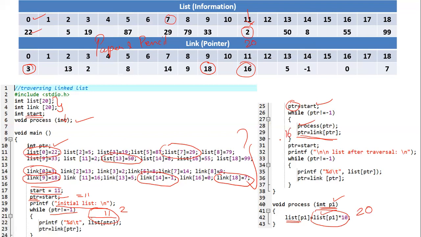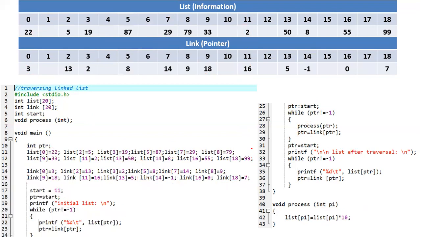Now finally, I want to print the values on the screen, whatever values we got. So again, after applying the process, I reset my PTR to the start value. Again, it will start from 11 because of this initialization.